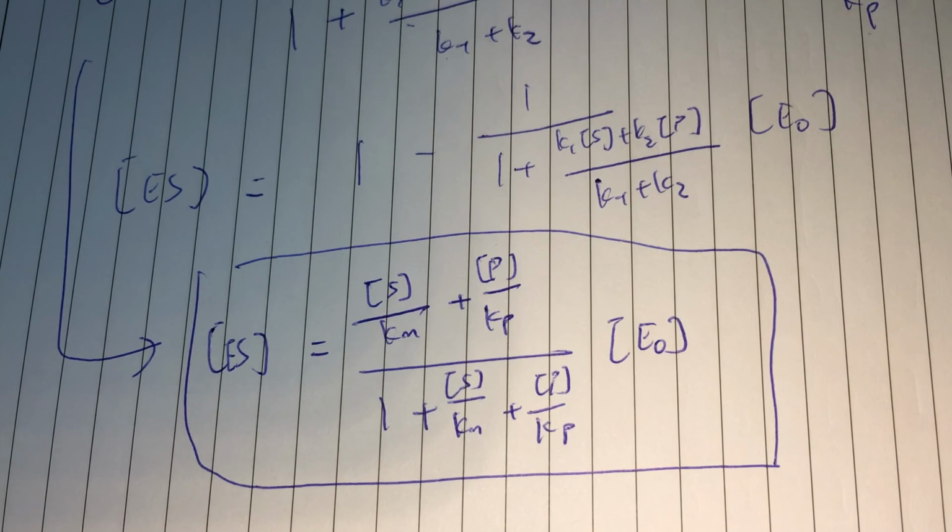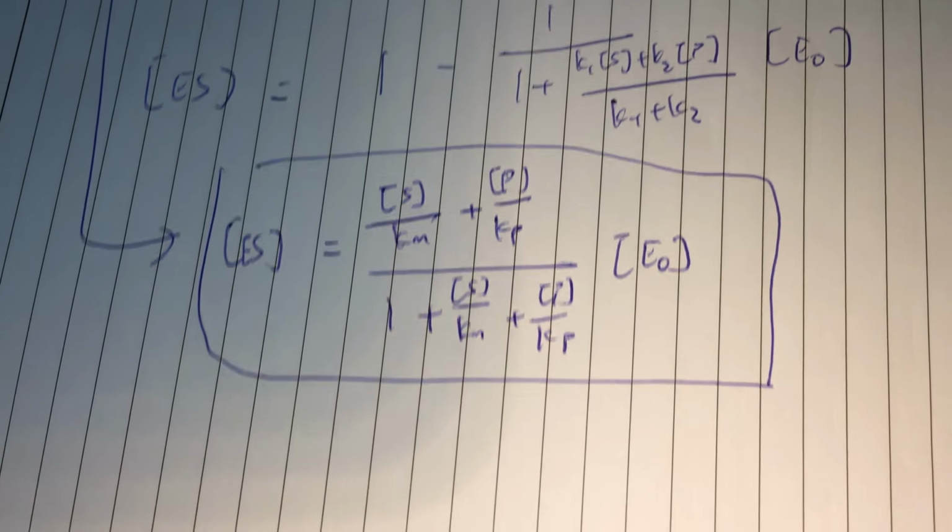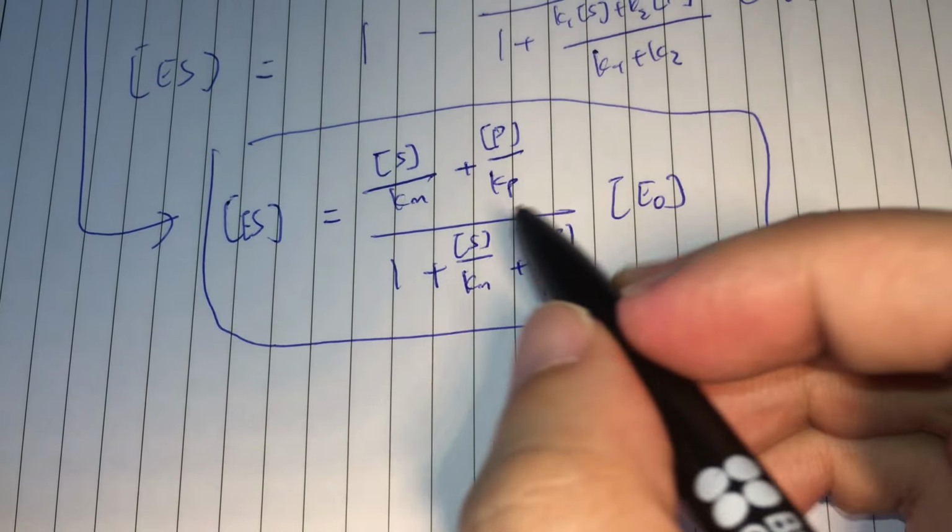Now can we have the concentration of E in a very similar manner? Well, why not? So let's take a look, maybe, back at our enzyme balance. There are a few ways we can go about doing this.